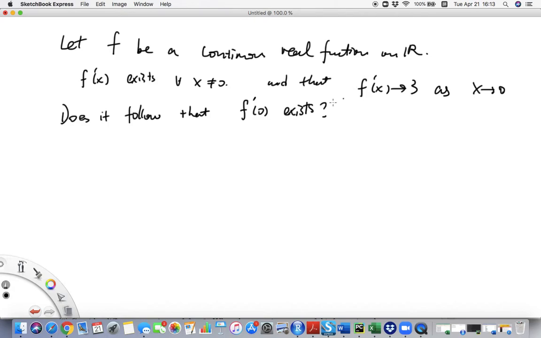Okay, so first of all, what is f prime of 0? So that's the limit of f of t minus f of 0 over t minus 0 as t goes to 0, right? That's the definition of f prime of 0. Okay.